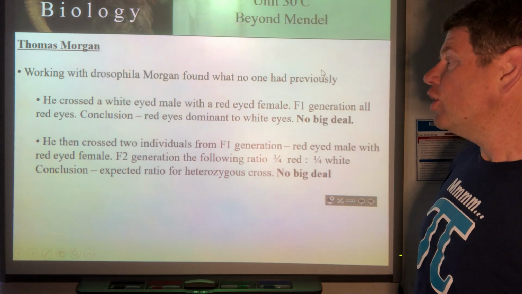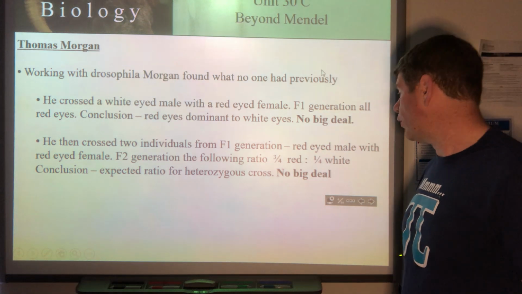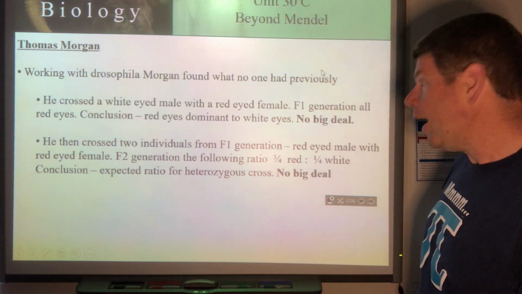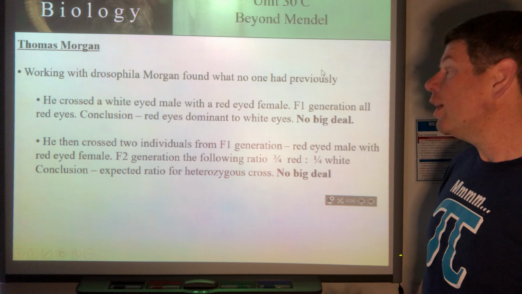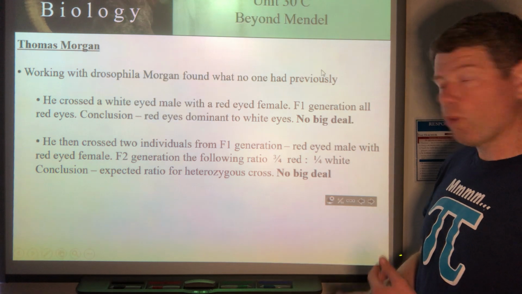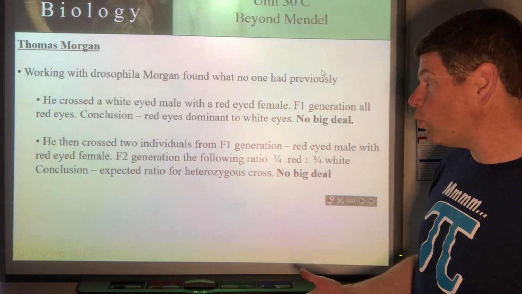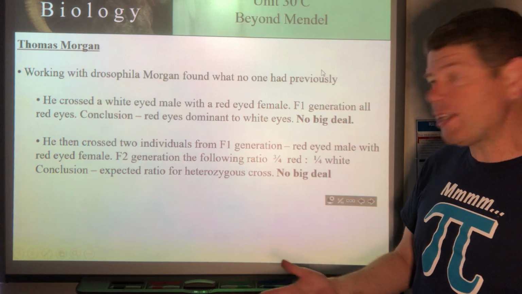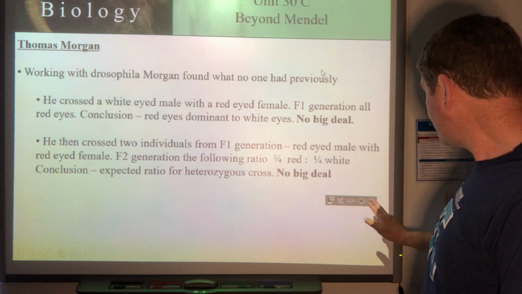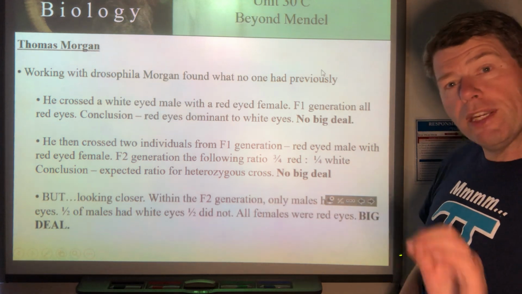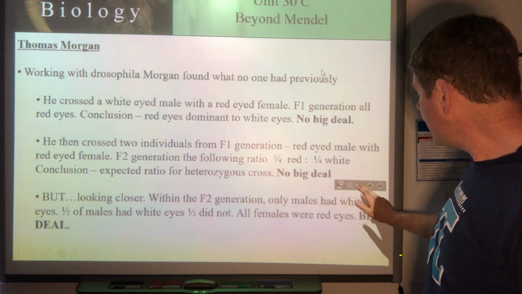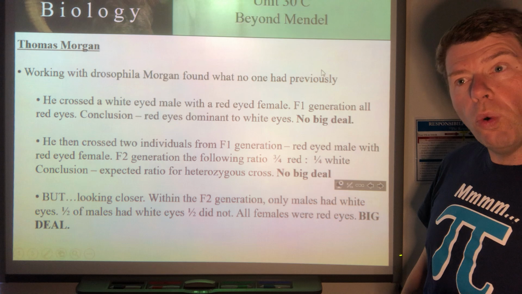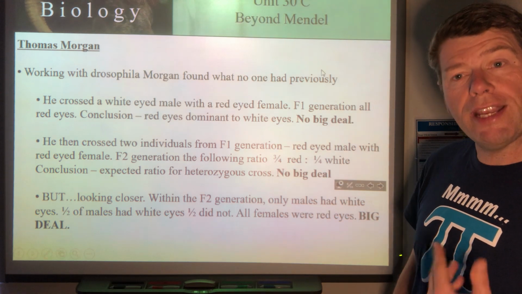He then crossed two individuals from the F1 generation, a red-eyed male and a red-eyed female. The F2 generation was three-quarters red, one-quarter white. Conclusion: that's our expected ratio for the heterozygous cross. Again, no big deal. But when he looked closer, he noticed that in the F2 generation, only the males had white eyes.